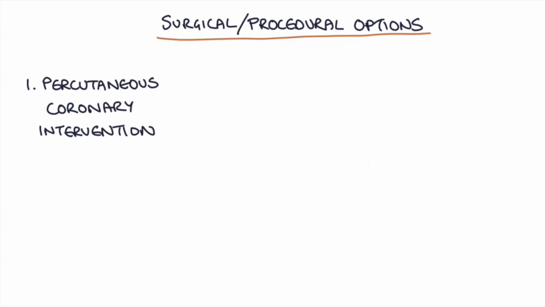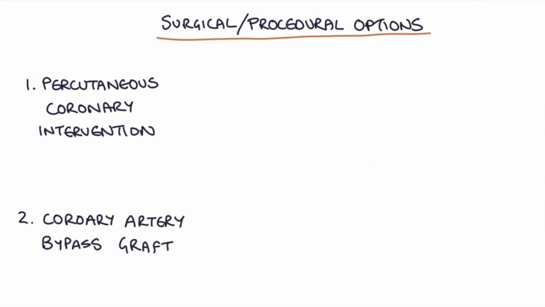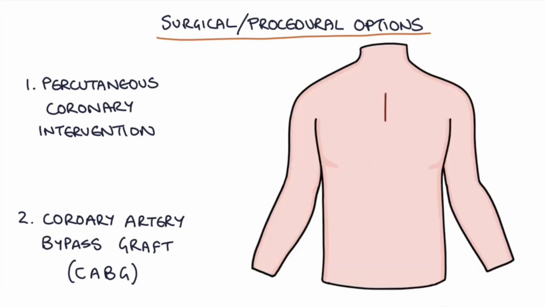The alternative to this procedure is to do a surgical intervention called a coronary artery bypass graft, which is commonly known as a CABG. And this is surgery that's offered to patients with really severe stenosis. What this involves is they make a cut right down the center of the chest along the sternum, and this is called a midline sternotomy incision, so the patient will be left with a midline sternotomy scar.